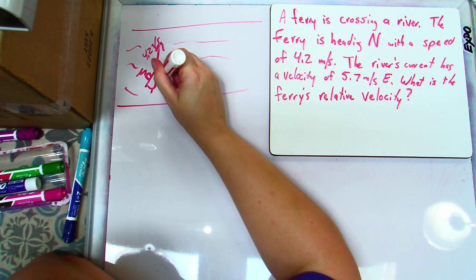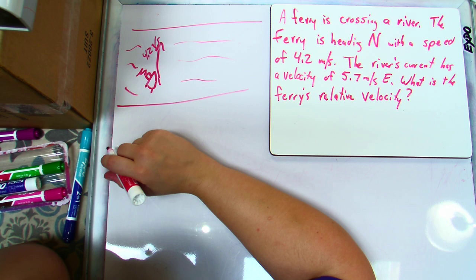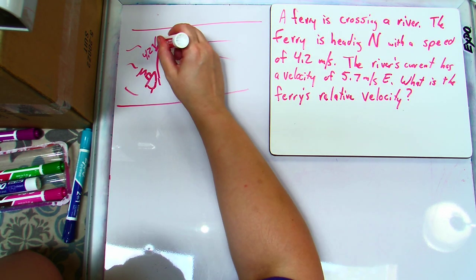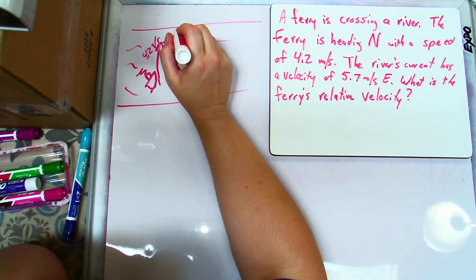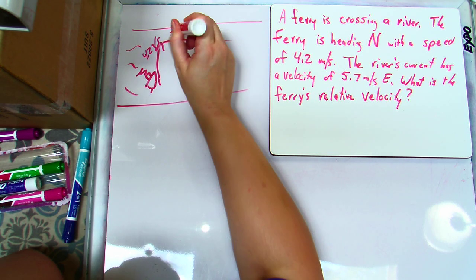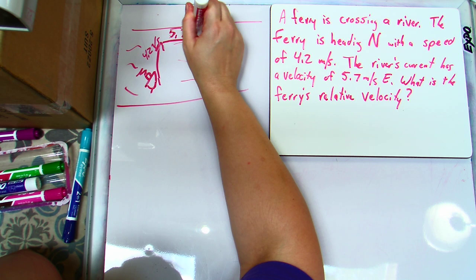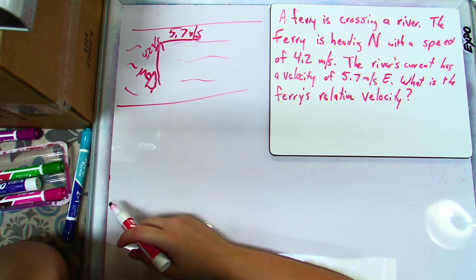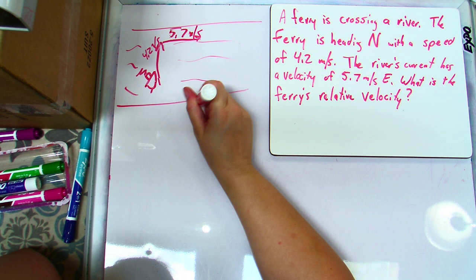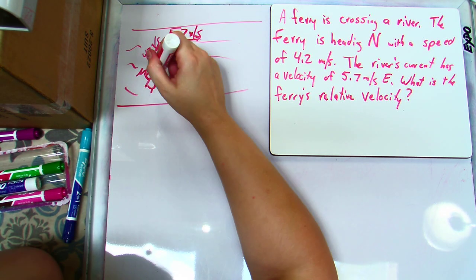He's going from one side to the other, but the river has a current, and that current is pushing the ship with a velocity of 5.7 meters per second east. So for someone standing on shore, how does it appear? What is the relative velocity of the ferry?